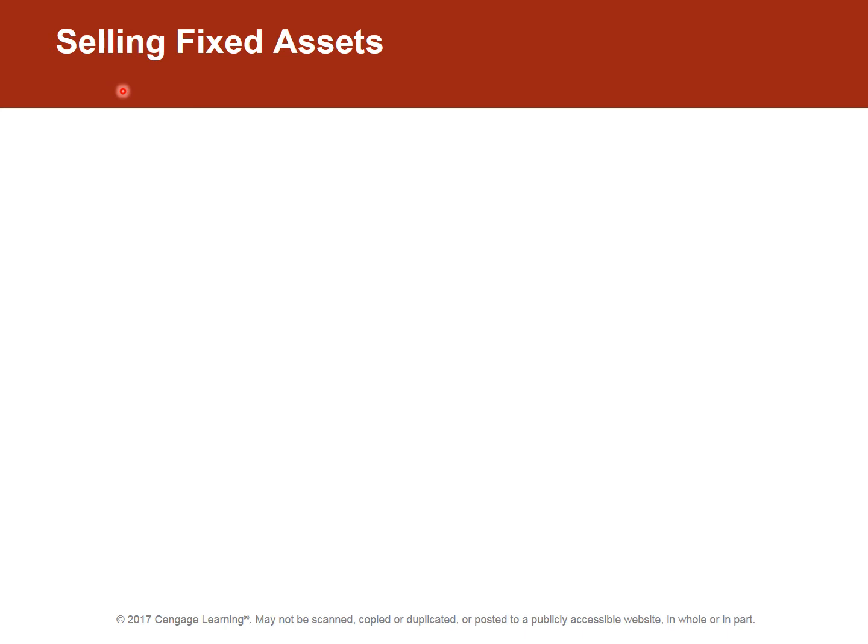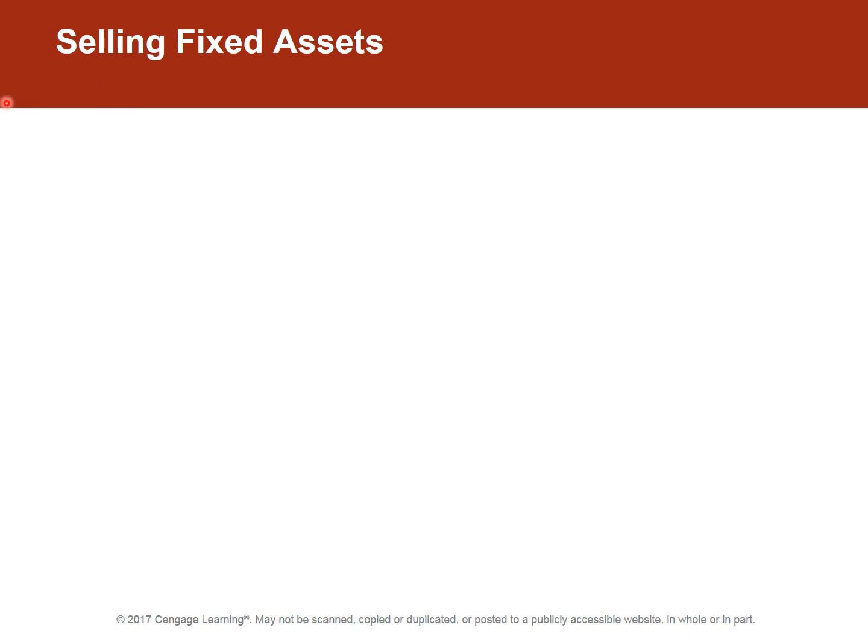If an asset has a book value of $1,000 and it's sold for $1,000, there is no gain or loss. If an asset has a book value of $1,000 and it's sold for $1,200, there's a gain of $200. If an asset has a book value of $1,000 and it's sold for $500, then there's a loss of $500.